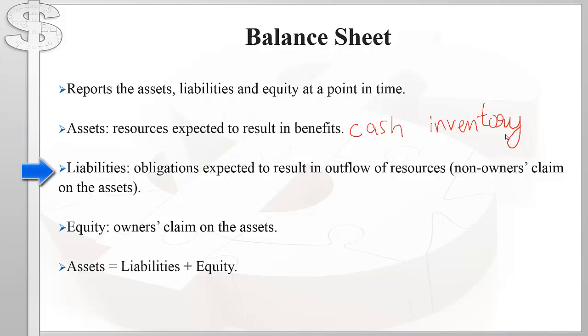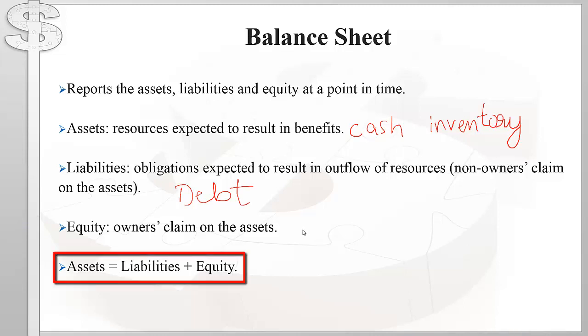These are the claims by the non-owners on the assets of a company. An example would be debt issued by the company. And finally, a balance sheet provides information on equity, which presents the interests of the owners in the company. In order for the balance sheet to balance, assets must equal the sum of liabilities and equity.